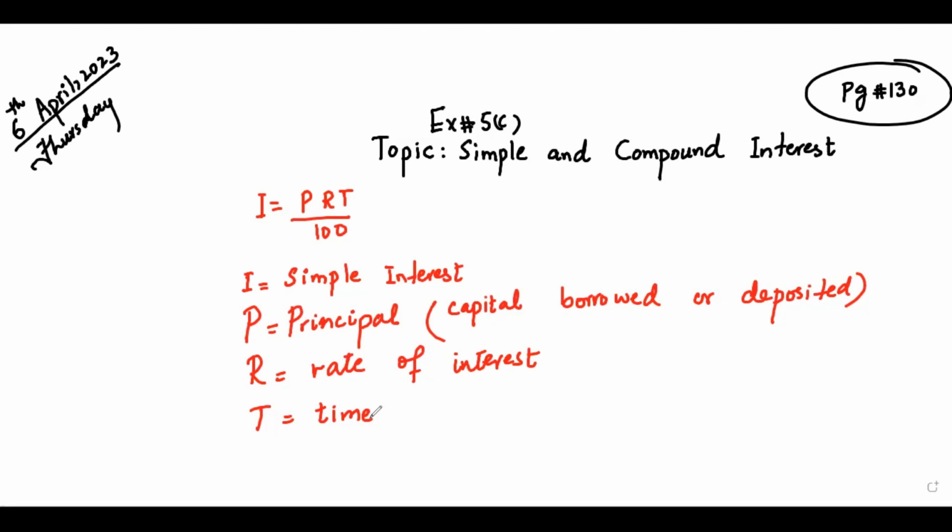Now we are going to start exercise number 5C, book page number 130. Question number 1 is to copy and complete the table, but the A part only. In question 1 A part, the principal is given to you, that is $12,000.